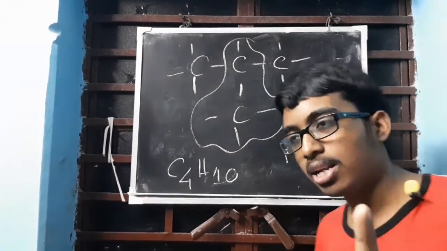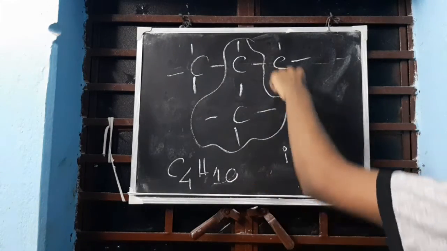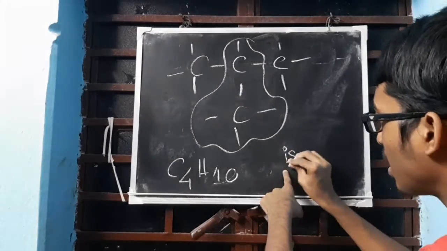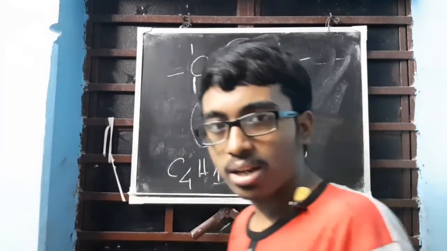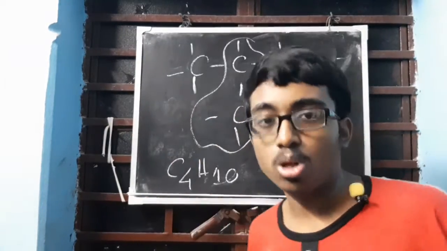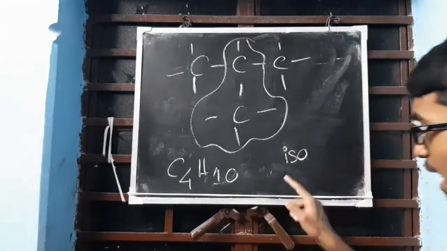So you have to remember that whenever there is one carbon hanging, one is there, so write iso. Iso has also one, that is in the form of i, and one in the Roman format is like this.